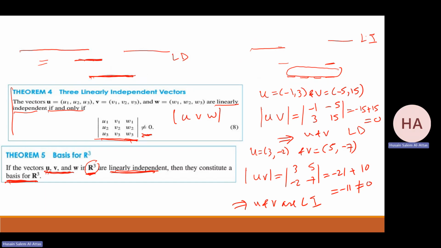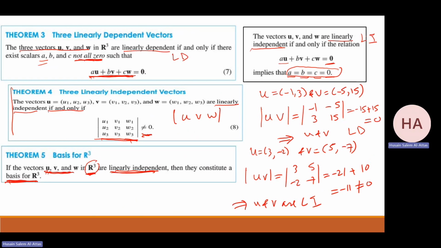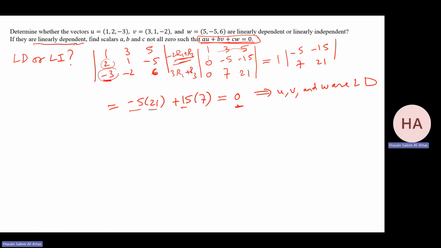So he wants me to find those A, B, C. Okay, what I will do is solve the system, like what we did before. I have A times U plus B times V plus C times W, which should equal 0, 0, 0, since I am in R3.